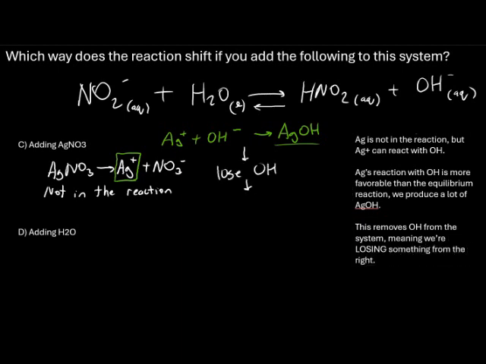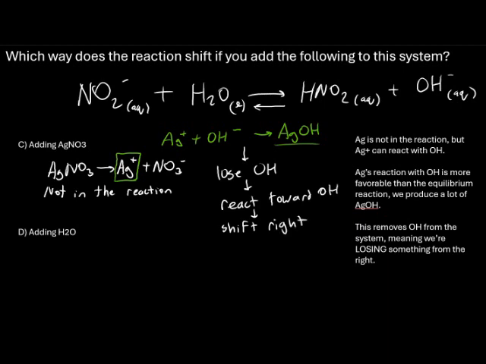And Le Chatelier's principle tells us if we ever lose something from the system, we'll react toward it. Therefore, in this case, since we have removed OH- by using the Ag+, we react toward the OH- and we'll shift right, again making more product.